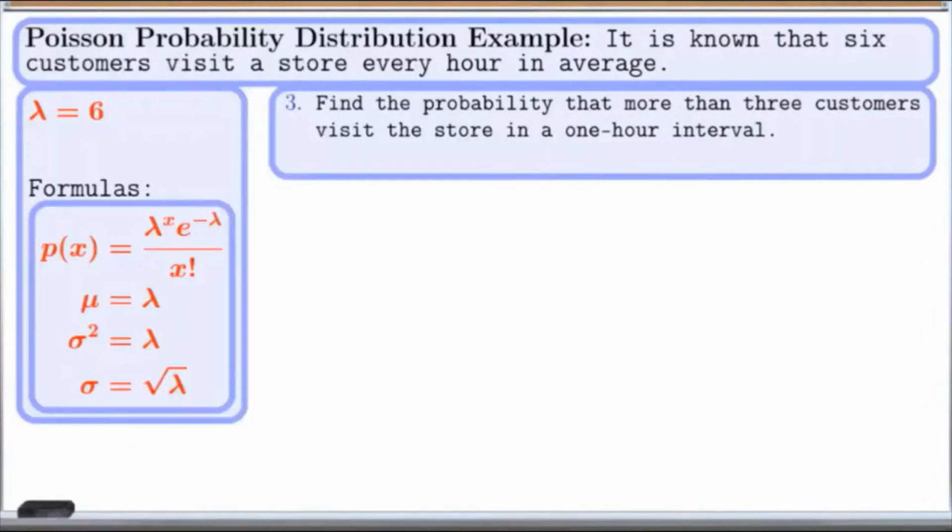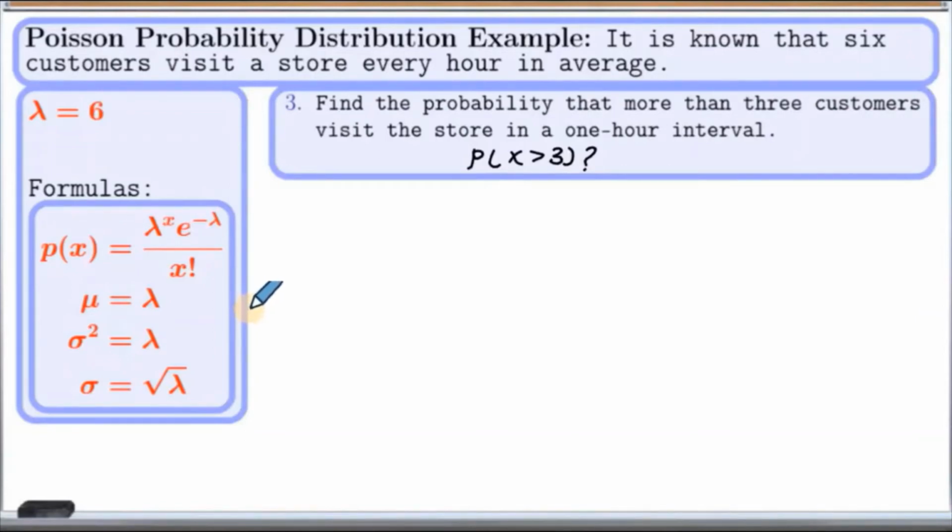Here we are looking at finding the probability of more than 3 customers visiting the store in a 1-hour interval, which means we are trying to find this. Basically, we are trying to find the probability for x equals 4, 5, 6, 7, 8, and so on, infinitely many of them.